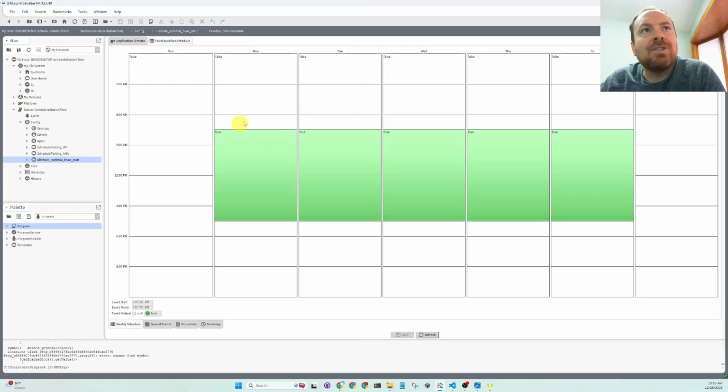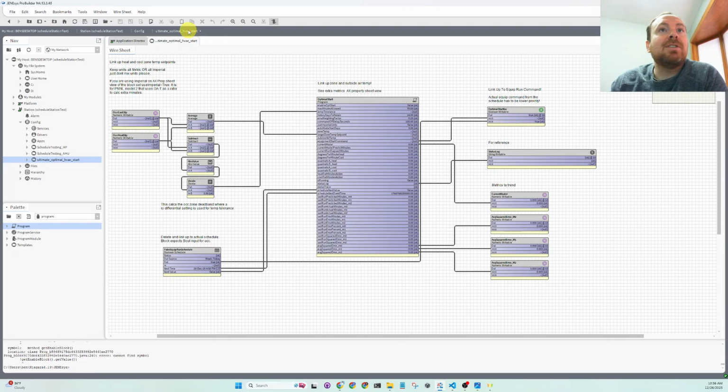It'll start logging the zone temperature, outside air temperature, and the effective minutes that it took to warm up the zone, even if the zone warms up earlier than modeled or even later than modeled, if we're into the occupied building. That is it. So this is what I'll be deploying in the field.